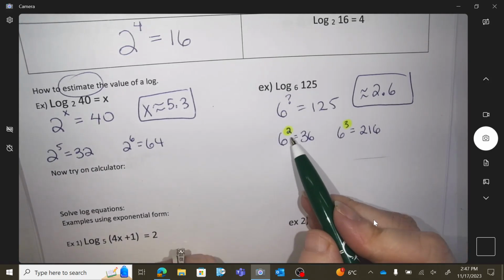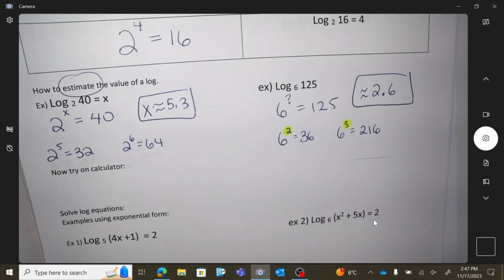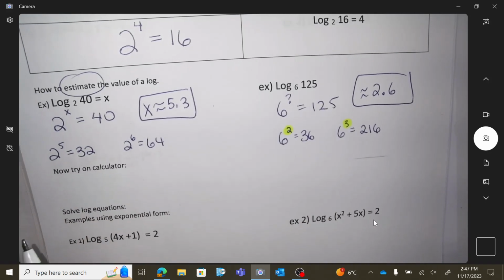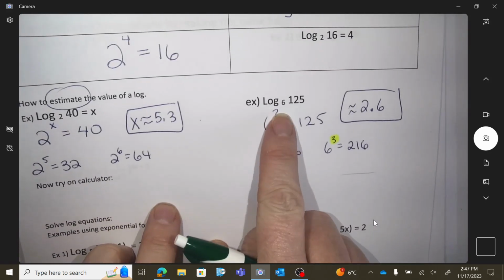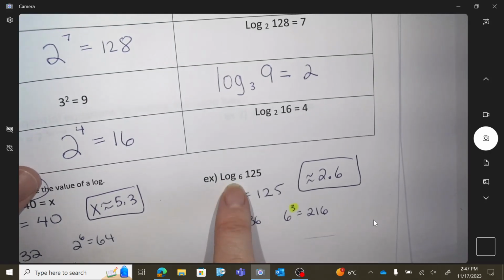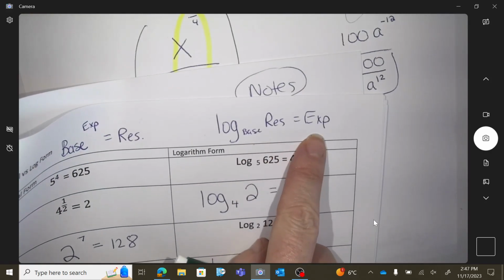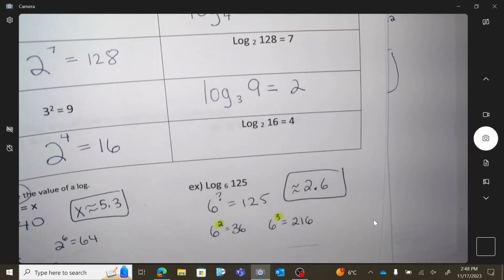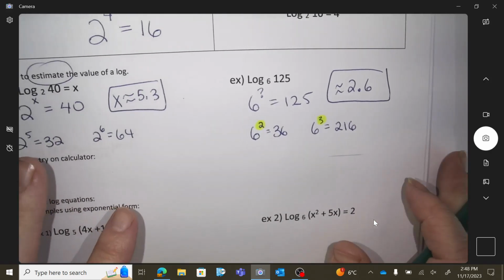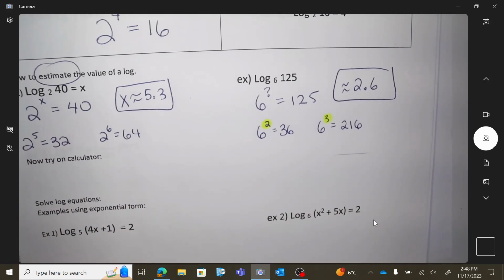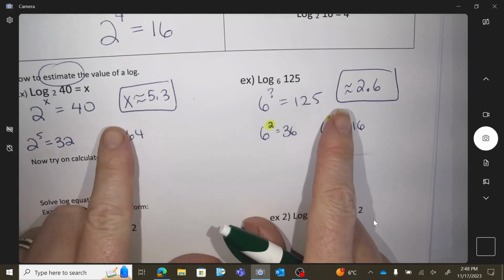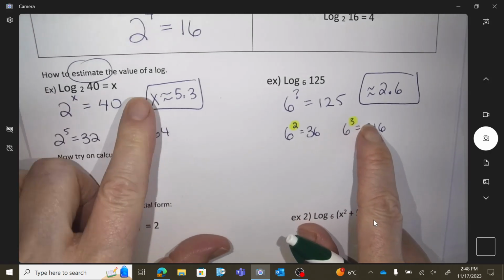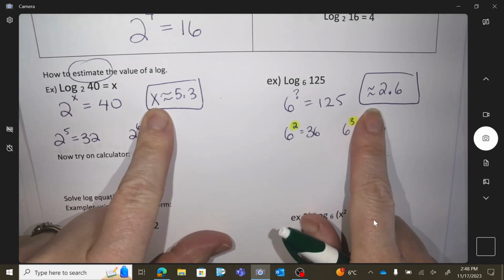Look at what log equations do. This is a log. What does it shoot out? An exponent, right? What does log stand for? Logarithmic. Do you notice something? Here I used an x, and here I didn't.